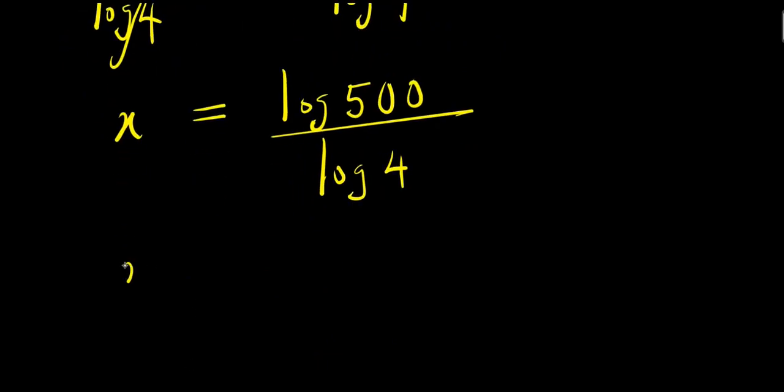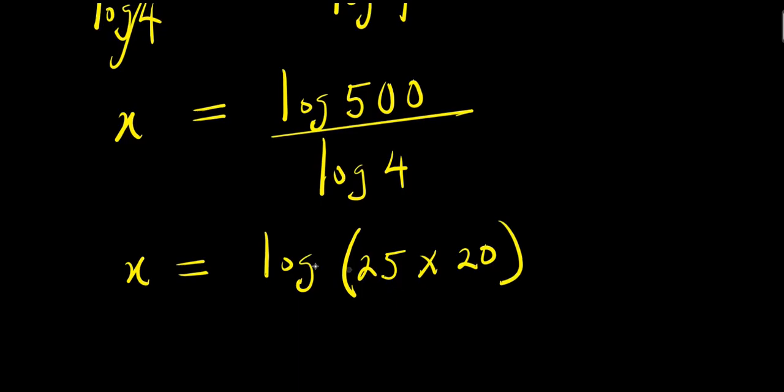From here, you can have x equals log 500, which is simply 25 times 20. 500 is 25 times 20. This is divided by log 4.